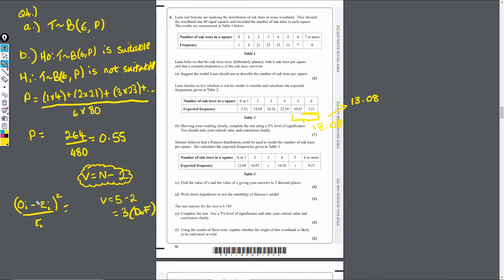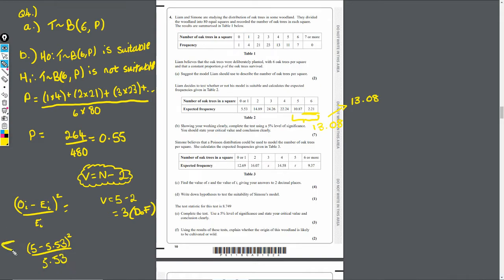Now we just need to work out this formula, and then sum it up to get our chi-squared value. Because this first one is 0 or 1, you're going to have to add your frequencies here. So that would be 5 minus 5.53, squared, then divided by your expected, which was 5.53.